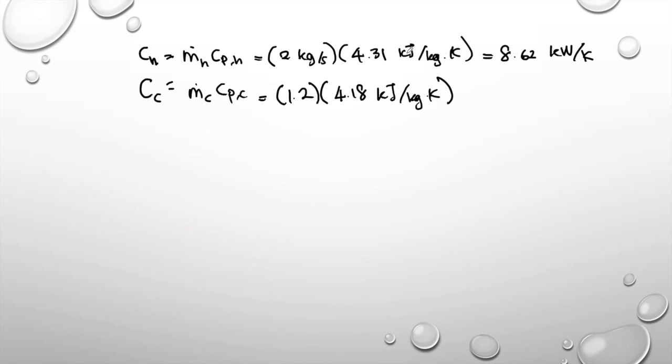Therefore, you have to change the kilo into 10 to the power of 3. If you want to remain like this, your value here would be in kilowatt. Then this value is around 5.02 kilowatt per Kelvin. Okay, you have these two values.